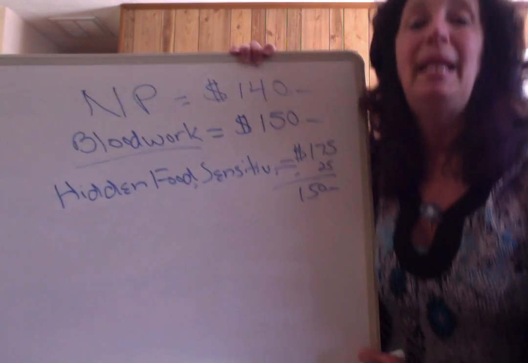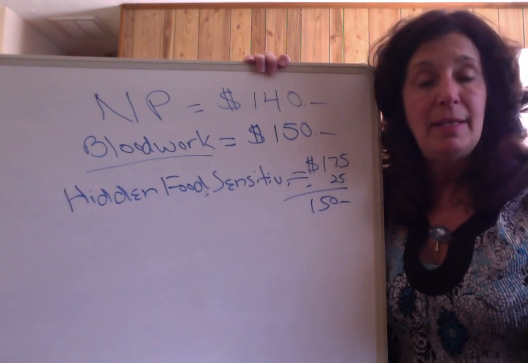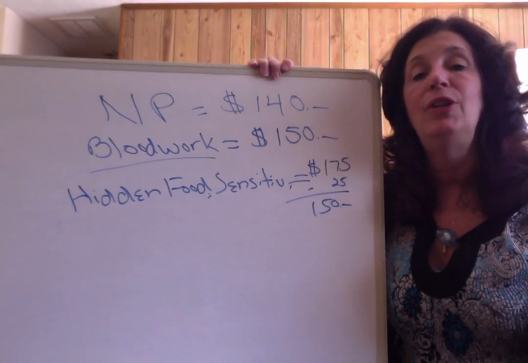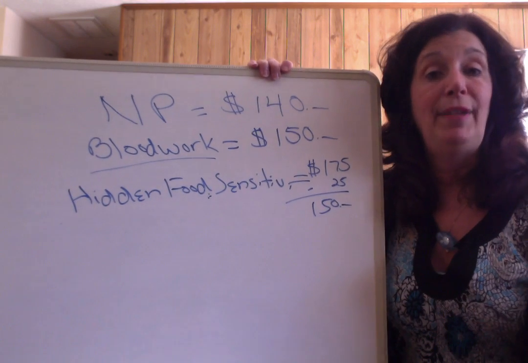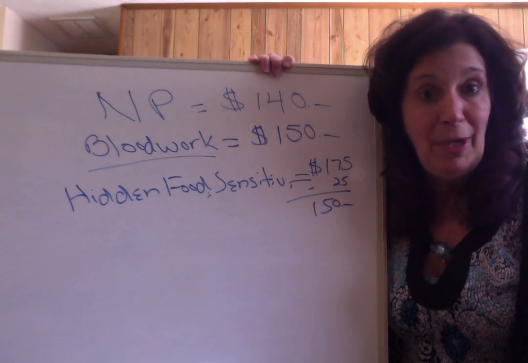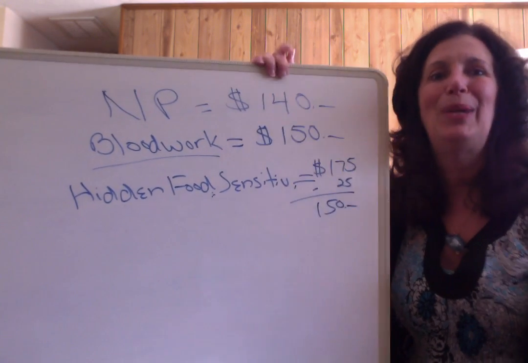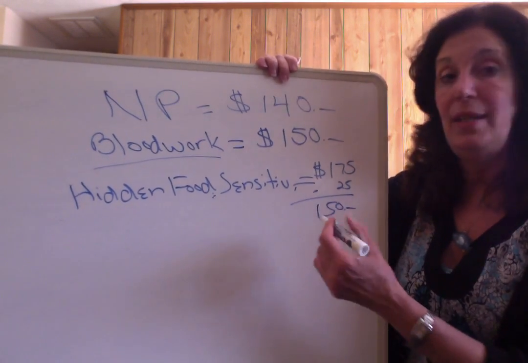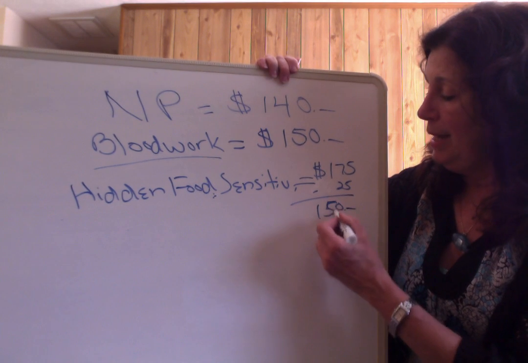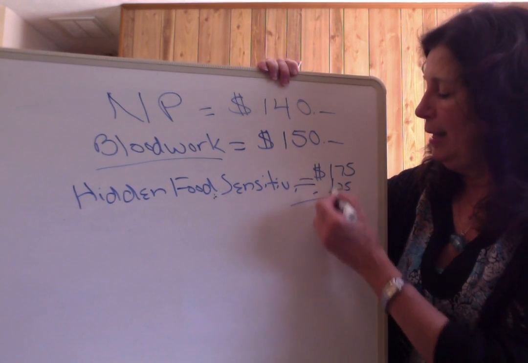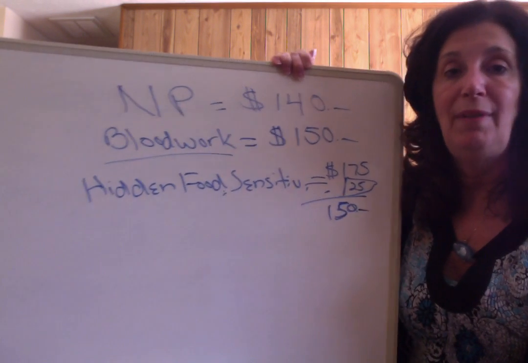I can see patients virtually, and if you know somebody in your area who will do the blood draw, or your primary care doctor, or your sister-in-law is a phlebotomist or whatever, that's fine. The cost to me is $150, and the blood draw is $25, which you pay the lab.